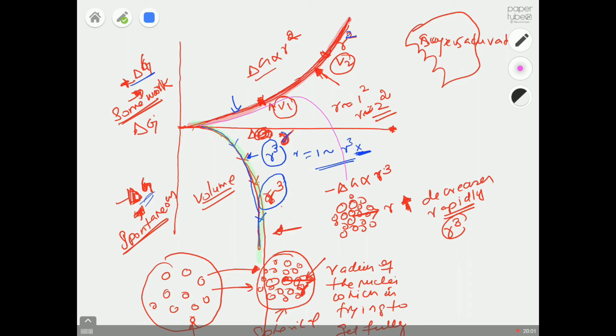Just follow the pink line. So you will have a peak maximum. Look at the dot, just follow the pen. And if you come down, this R value, we call it the critical radius. It's called RC, R suffix C, critical radius.